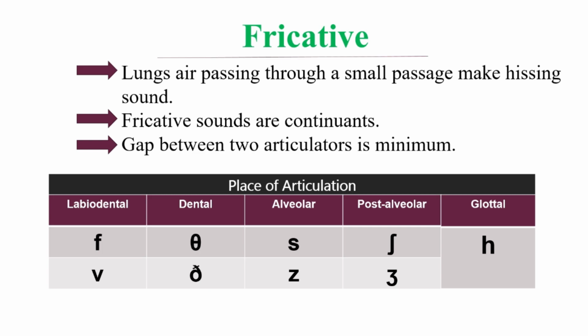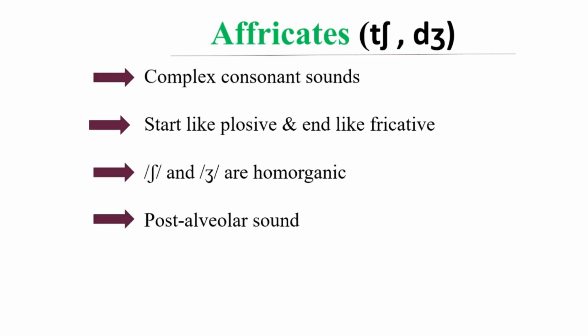Okay, the next point is affricates. In English, there are two affricate sounds. They are cha and ja. They are called complex consonants because they consist of two consonants. The interesting matter is that they start like a plosive and end with a fricative. For example, the sound is ta here.